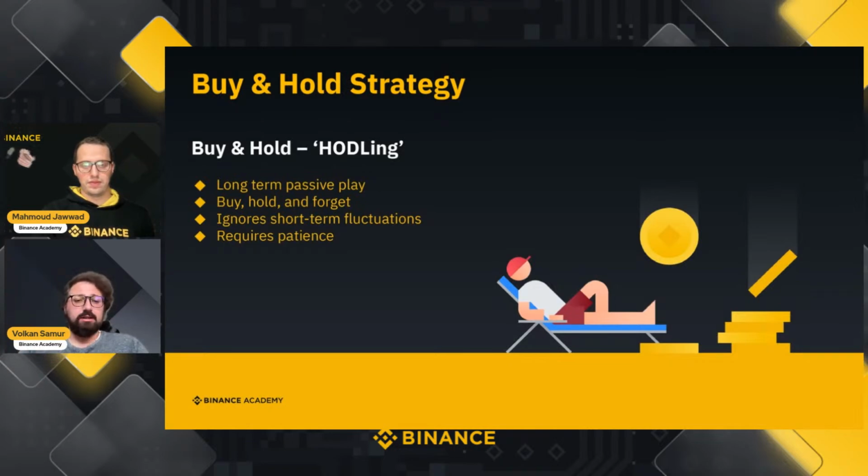And this is a great approach for someone that prefers to be hands off and not worried about short-term fluctuation. If you look over the past 10 years, one of the most successful buy and hold strategies has been to purchase Bitcoin and let it accumulate value.